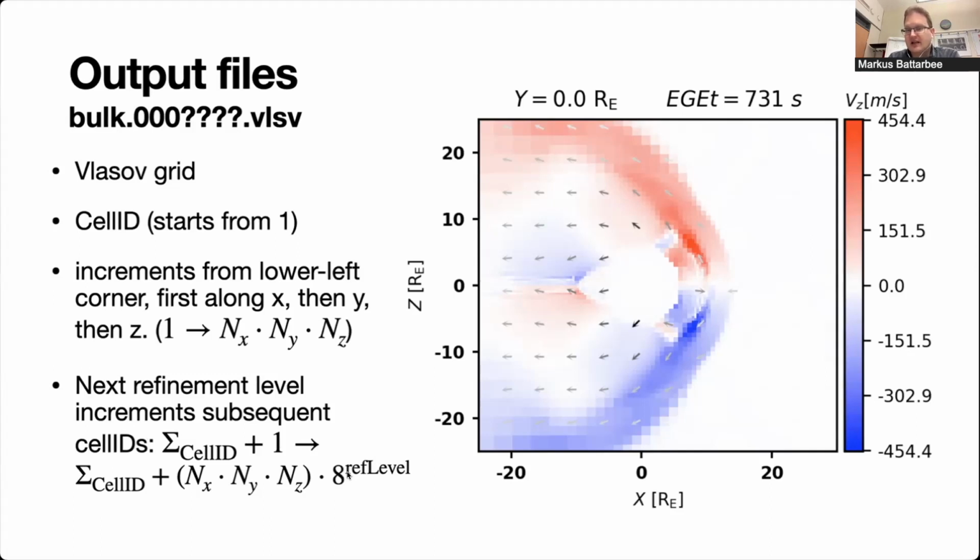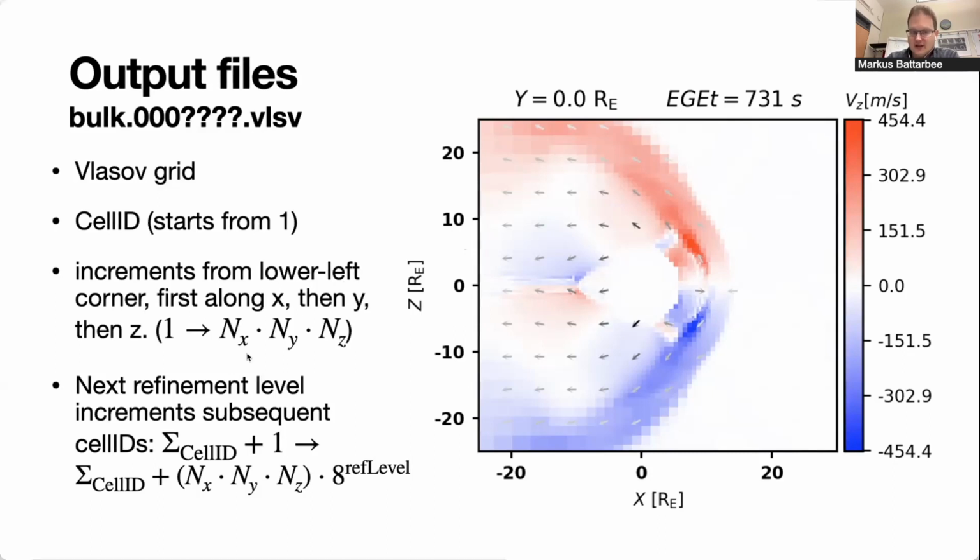And then the cell IDs either exist or don't. Because if you have a cell which still remains on the lowest refinement level, then the children of that cell will not exist, and their cell IDs will not exist in the simulation. Whereas then, for example, here in the center regions where we've got something interesting going on, those cells will have been refined.